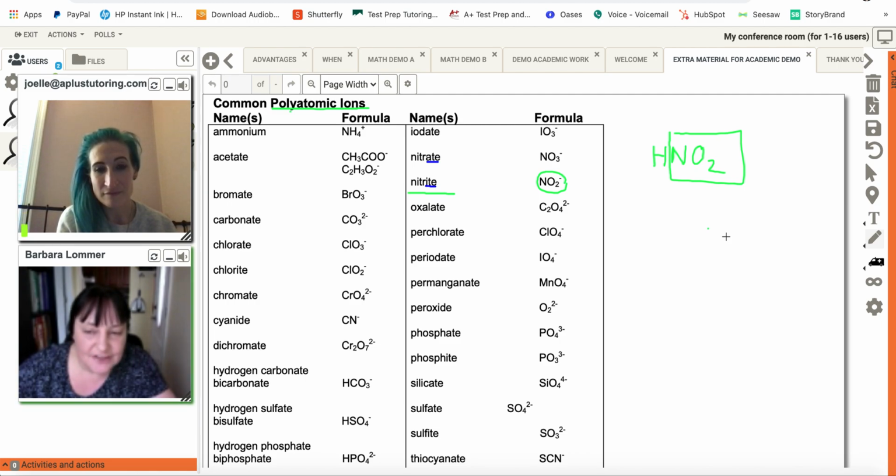And then the rules are very simple. If an acid has a polyatomic ion that ends on an ITE, the name of the acid will end on OUS. So this particular acid will become nitrous acid. Nitrous acid.